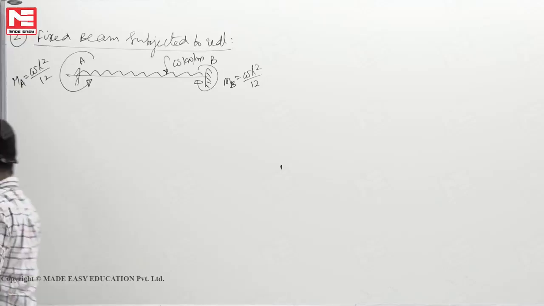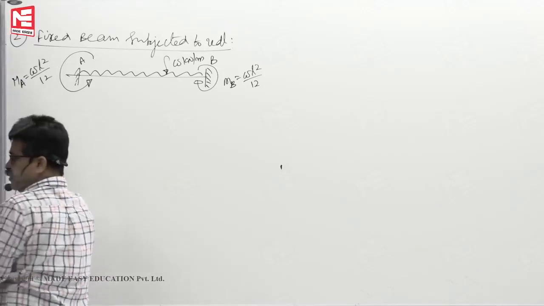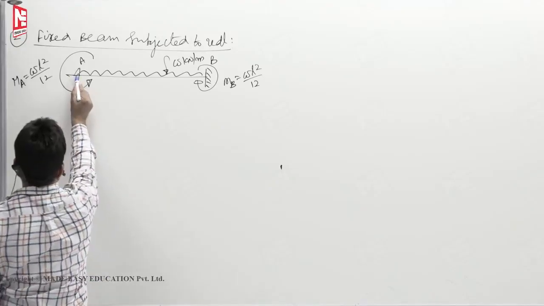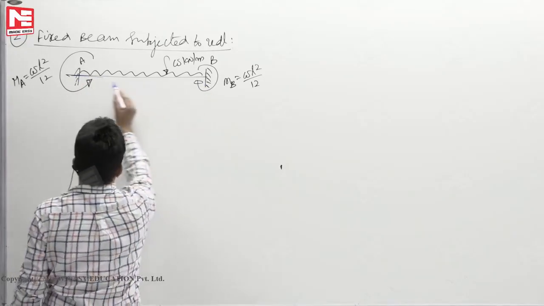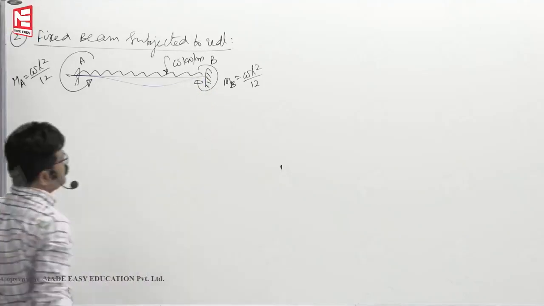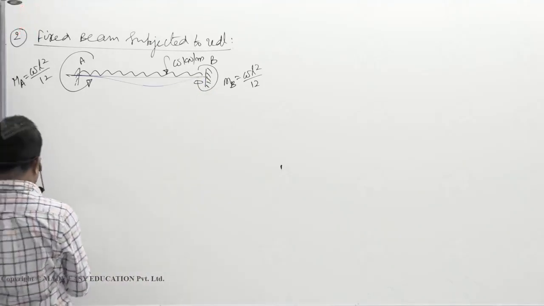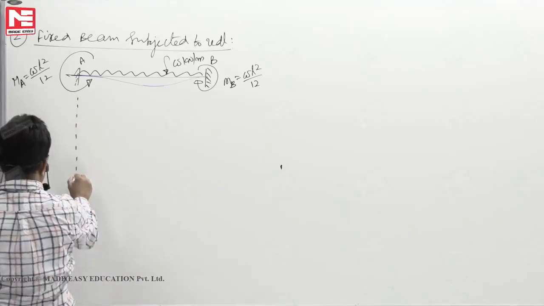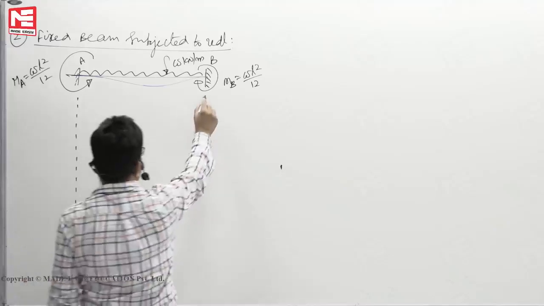This is the deflected shape of the beam, elastic deflection; here the slope is 0. Again, as in the earlier case, here also, let us draw the free bending moment diagram.